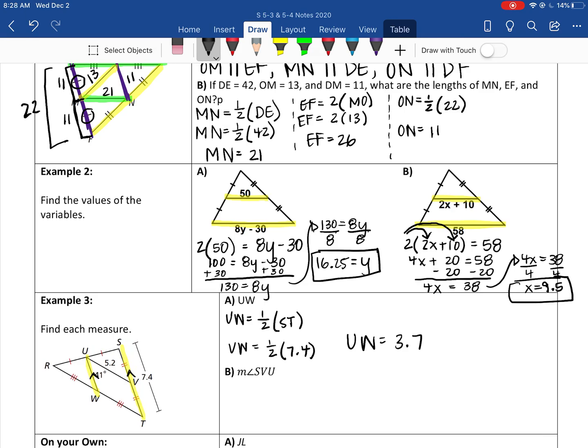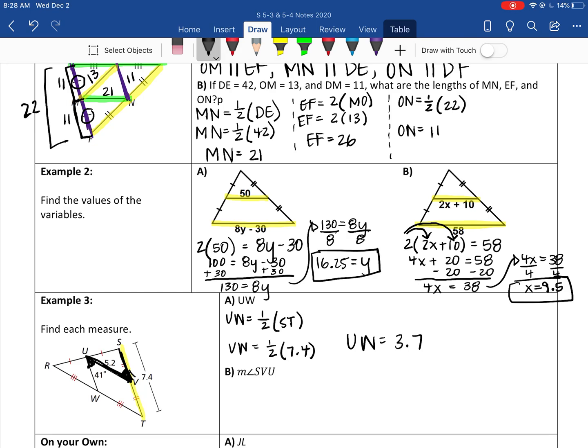Now what it's asking for is the measure of angle SVU. This angle right here. Okay, well, notice that right here we have that this angle is 41 degrees. And what I want you guys to realize in these midsegments is because you have parallel lines, you're going to use those alternate interior, same side interior, corresponding angles here.